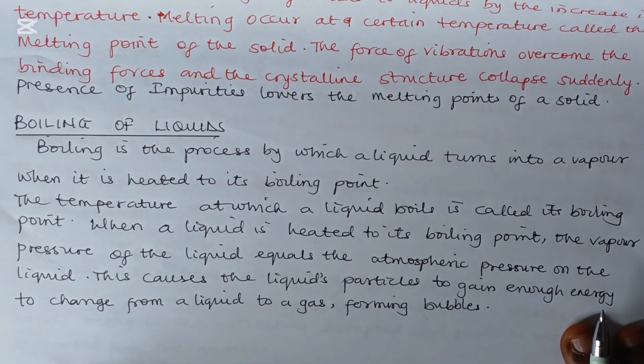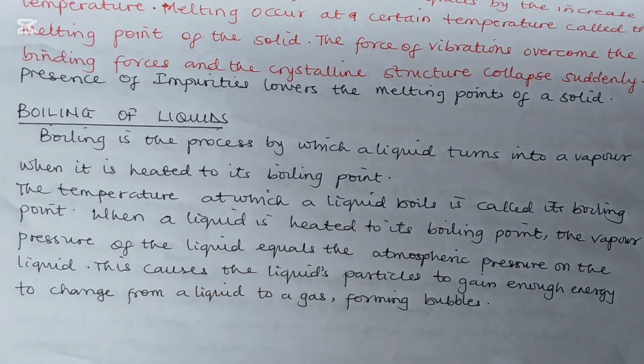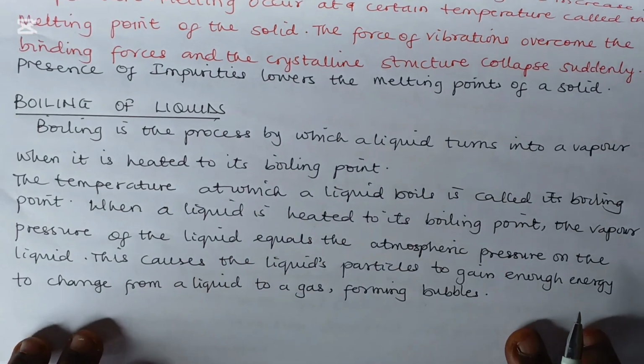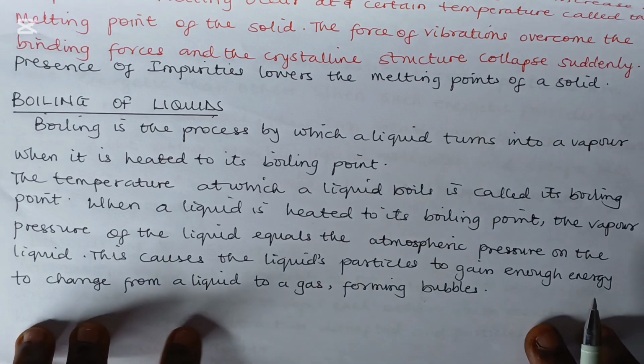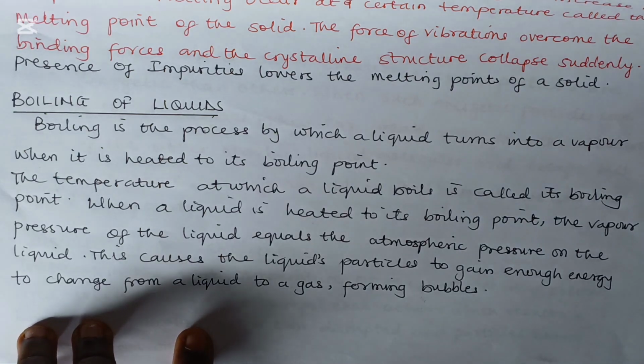So when a liquid is heated to its boiling point, the particles moving in the liquid, colliding with themselves and with the wall of the container, generate a kind of pressure which is called the vapor pressure. This vapor pressure equals the atmospheric pressure, especially in a closed container.